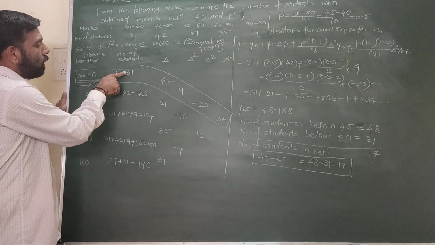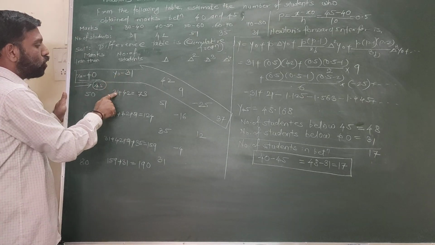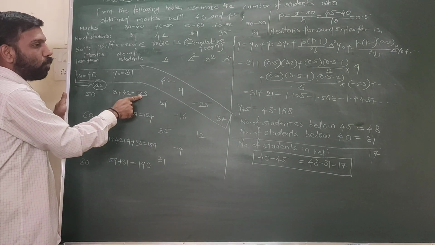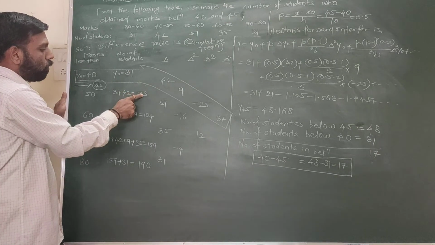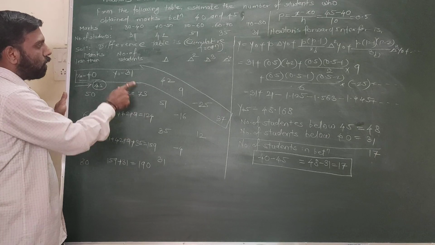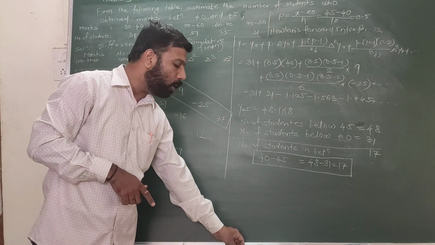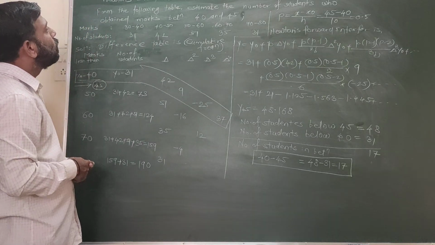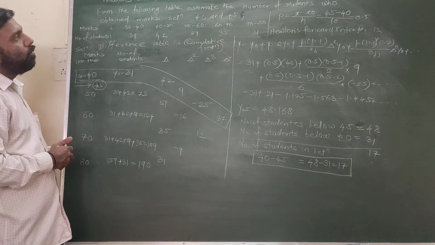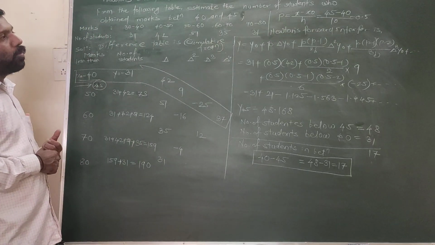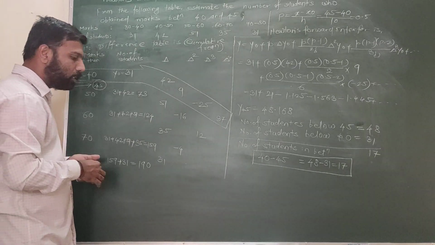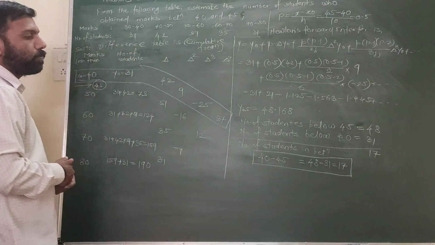When we add the previous two numbers, we get the next value of y. This procedure is called cumulative frequency. So we completed this problem by using Newton's forward interpolation, and we found the range 40 to 45. Thank you.